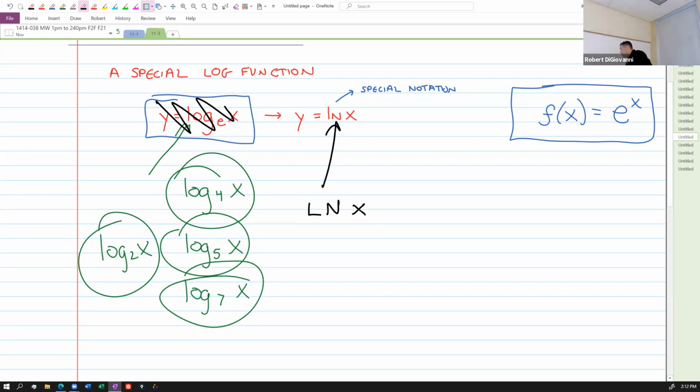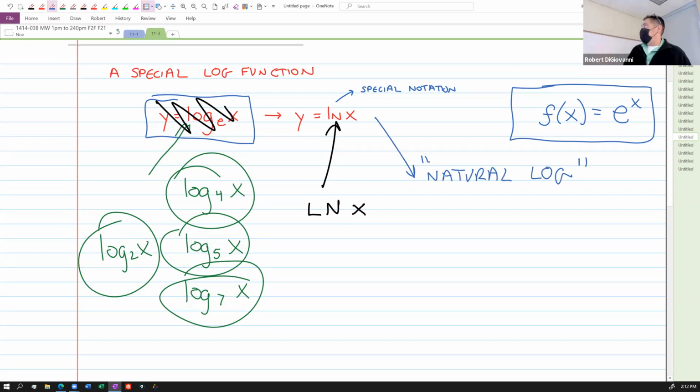Now, there's a historical reason behind why we do that. I wish this never would have happened. I wish everyone would have just stuck to this, because students forget that this is called the natural log function.